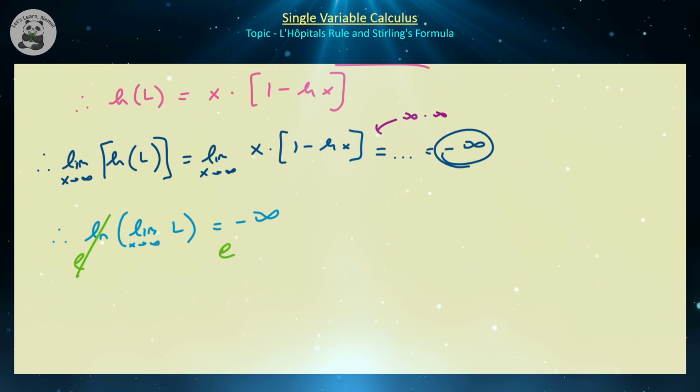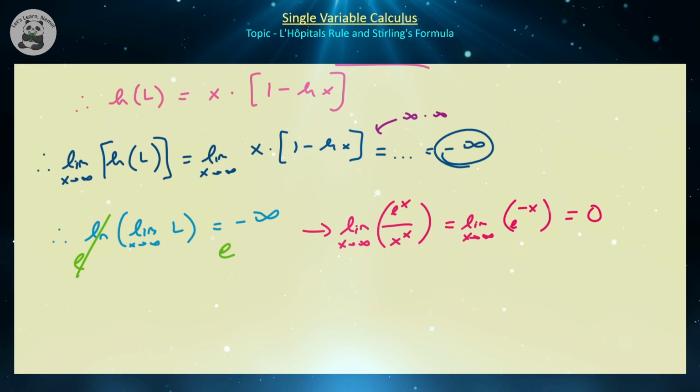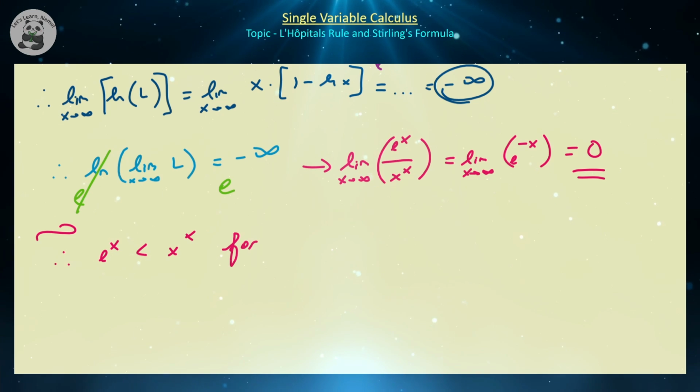So once we have this, the limit as x approaches infinity of L, which was defined as e to the x over x to the x, is just going to be equal to the limit as x approaches infinity of e to the minus infinity, which is going to be equal to 0, right? And that means that as x gets arbitrarily large, x to the x will dominate e to the x. So that means that e to the x is less than x to the x for x arbitrarily large.